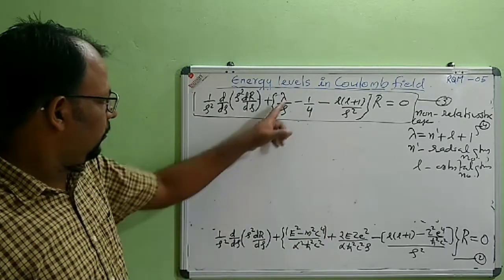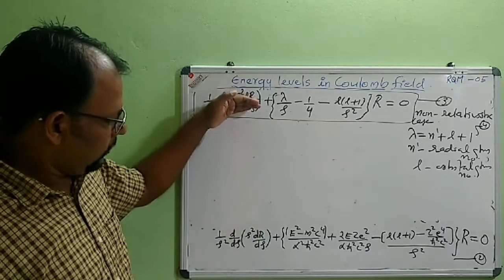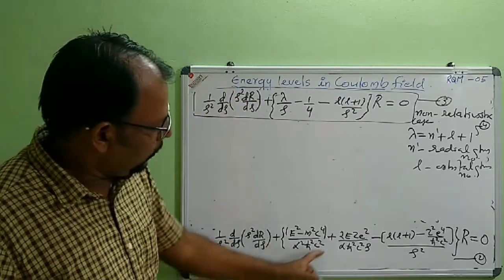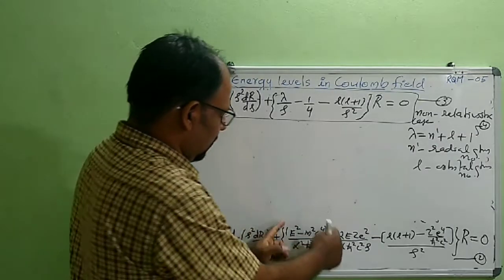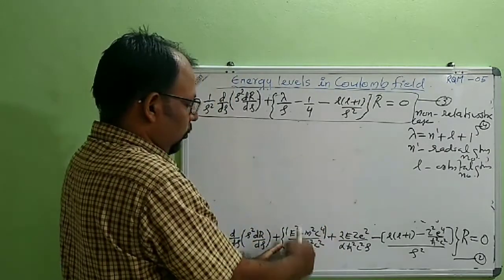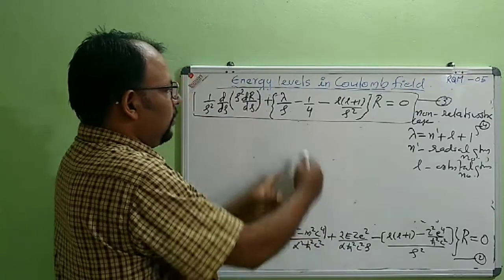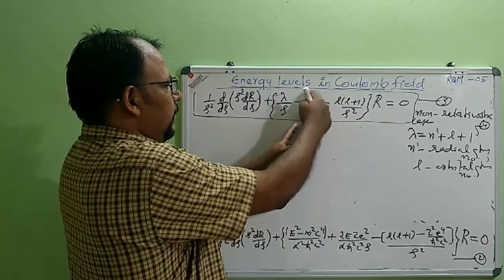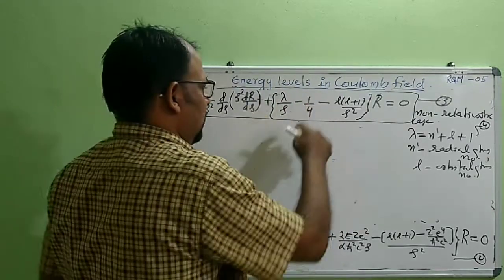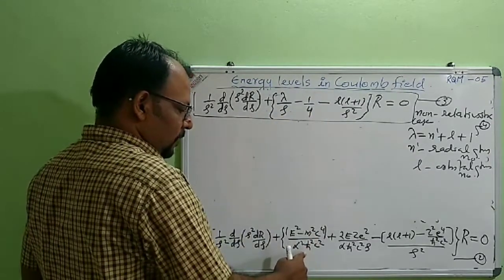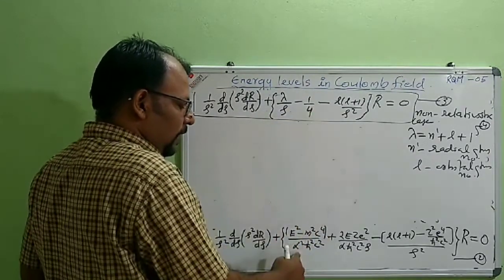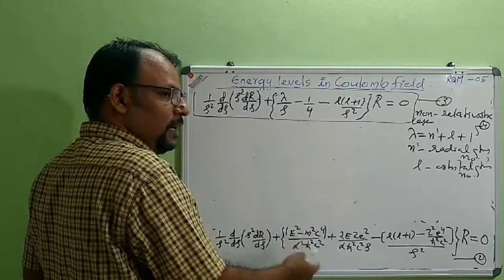Now to make it similar with this one, this term is identical with this one. Then here, the first term containing lambda, no rho is present there. Here also in this term no rho is present. That means this minus 1 by 4 we can take identical as this one. We can take these two terms identical because this alpha is an arbitrary constant.